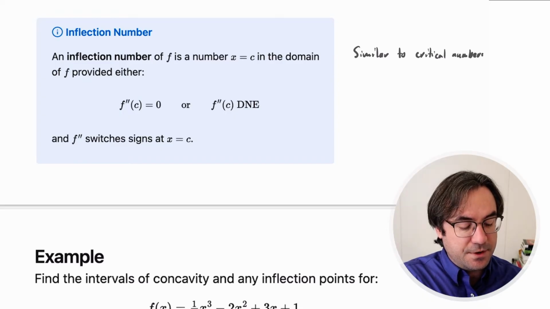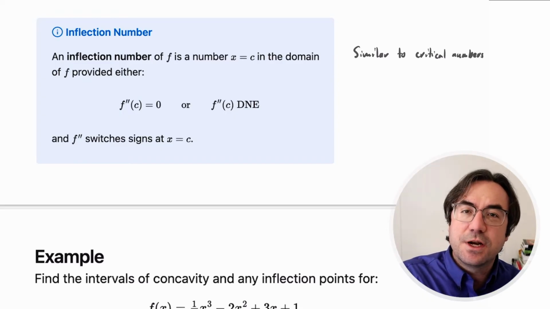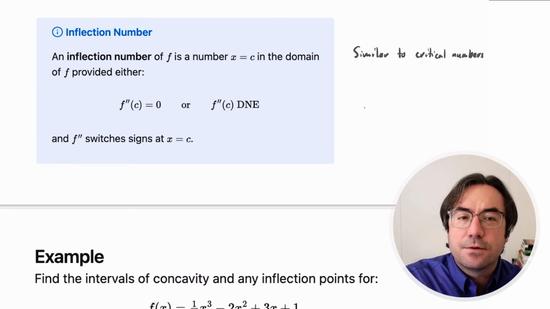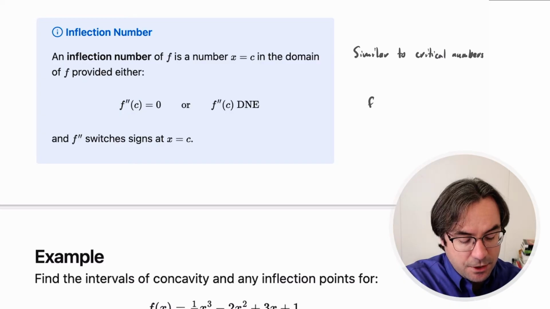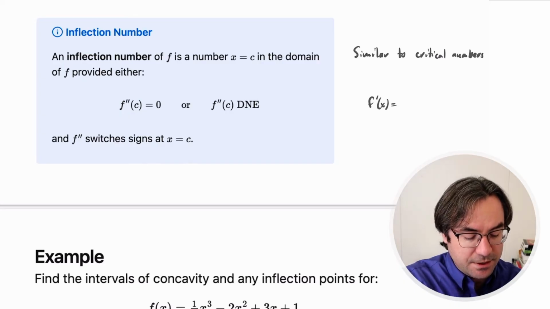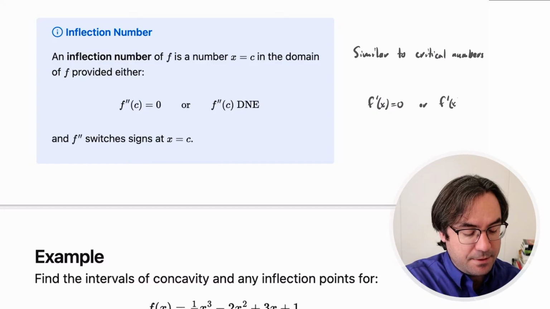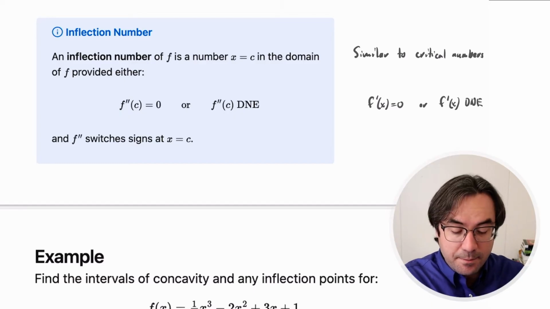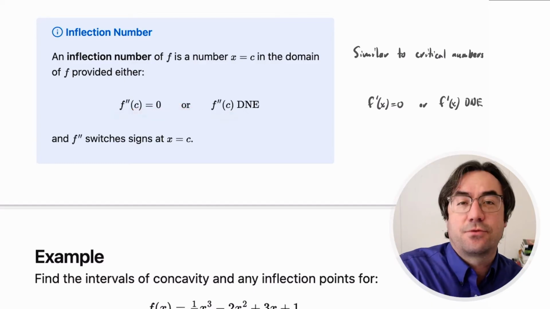Critical numbers involve the first derivative. Inflection numbers involve the second derivative. So what did we look at for critical numbers? Well, we wanted to know where f prime was equal to 0 or where f prime did not exist. So we're going to be doing the same thing, but now we're going to be involving the second derivative instead.